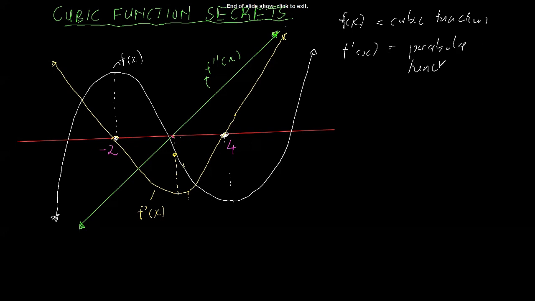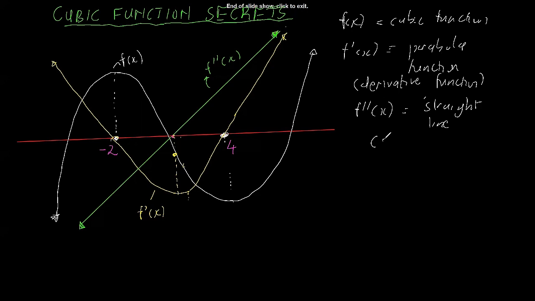But the parabola function in this is what we call the derivative function, because as you can see there, it's indicated as f prime x. So it is the derivative function. And then we have f second prime x. This is the straight line graph or the linear graph, but it is representing the second derivative function.